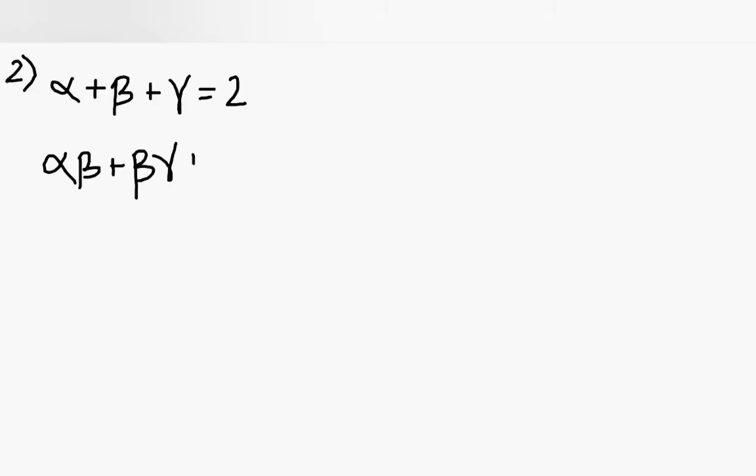Now the third one, it is given sum of product of its zeros taken 2 at a time, and product of zeros are 2, minus 7 and 14 respectively. We have to find a cubic polynomial. So we are given alpha plus beta plus gamma is equal to 2, alpha beta plus beta gamma plus alpha gamma is equal to minus 7 and alpha beta gamma is equal to minus 14.